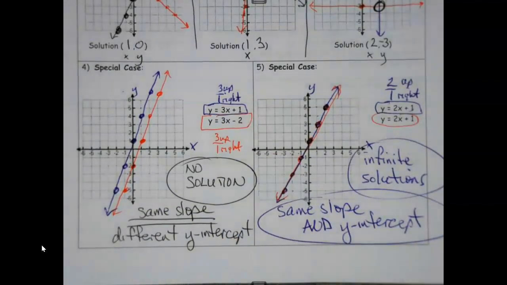So when you look at the numbers in front of x and you see the exact same thing, one of two things is going to happen. If the y-intercepts, the b's, are different, it's no solution. They're never going to cross. They're just going to run parallel. If they're exactly the same, you just write infinite solutions. You're done. You're already going to know what the answer is.